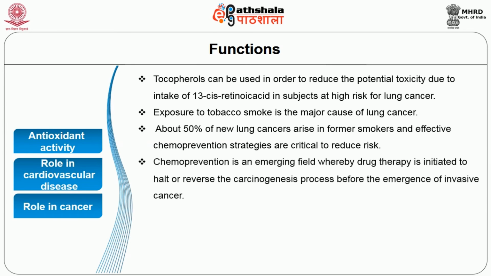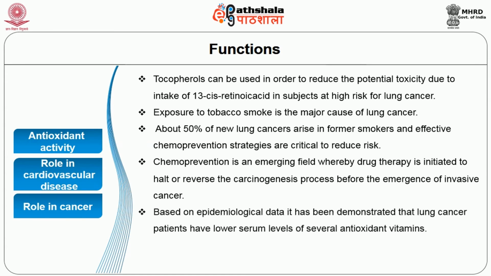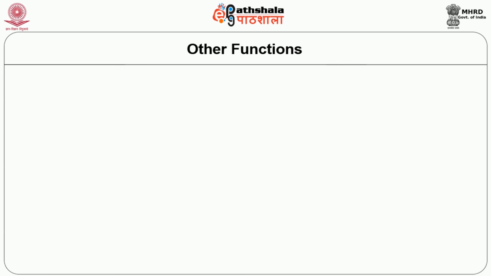Chemoprevention is an emerging field whereby drug therapy is used to halt or reverse the carcinogenesis process before the emergence of invasive cancer. Based on epidemiological data, it has been demonstrated that lung cancer patients have lower serum levels of several antioxidant vitamins.